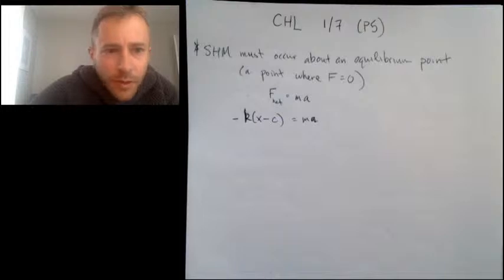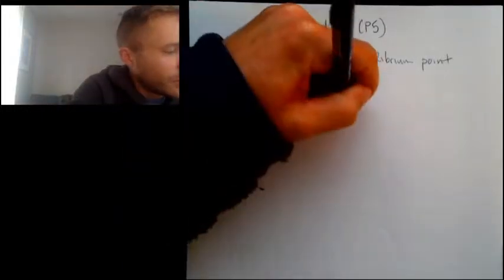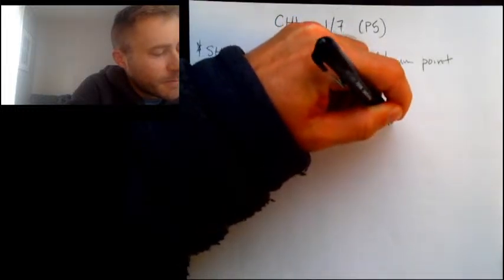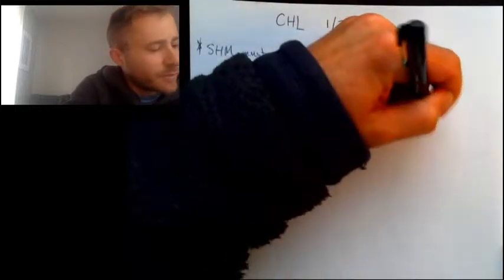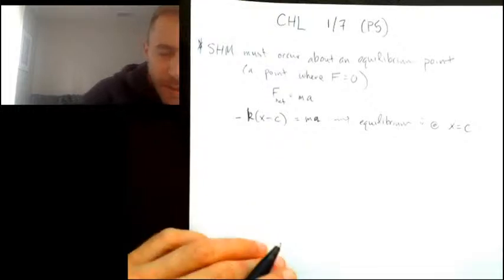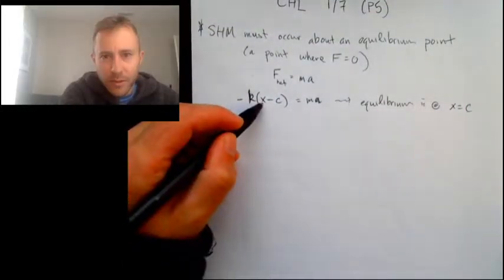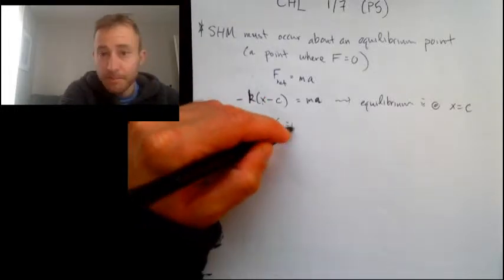Yeah, so if we look at it, here the equilibrium is at x equals c. Why is that? If I plug in x equals c, I would get c minus c, which is 0.